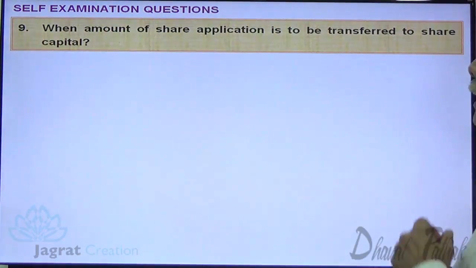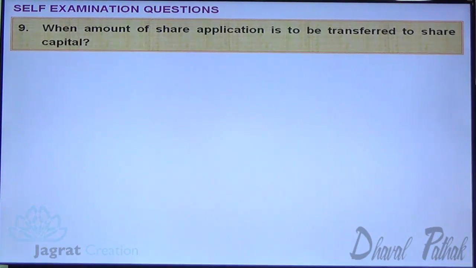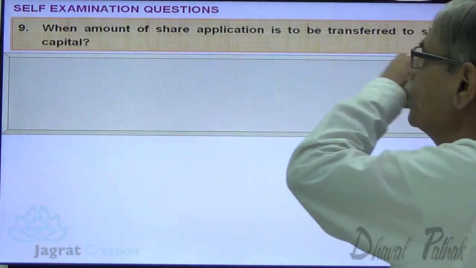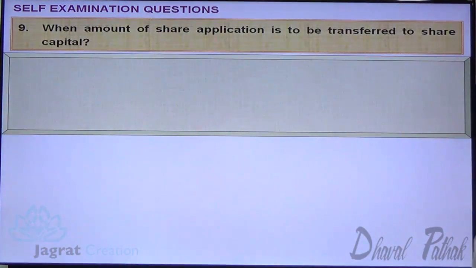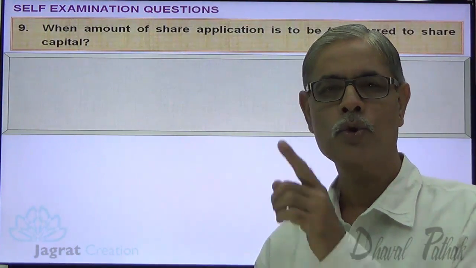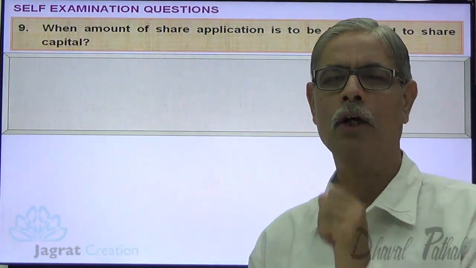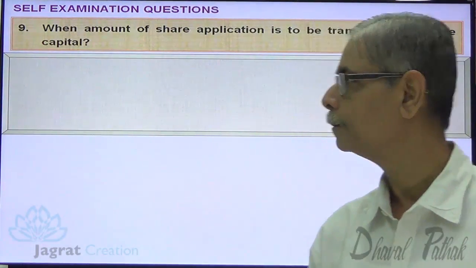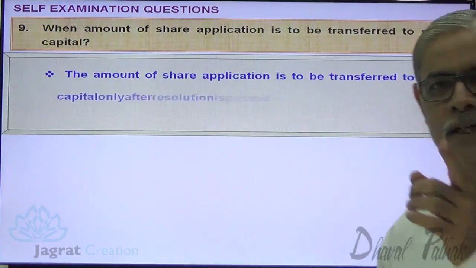When is the amount of share application to be transferred to share capital? The share application money gets transferred to share capital only on allotment of the shares. Who can allot the shares? The Board of Directors. How are the shares allotted?